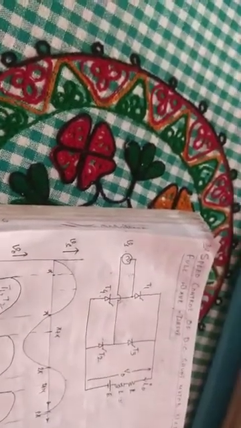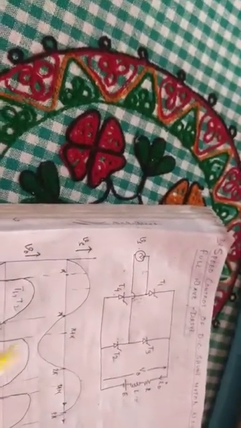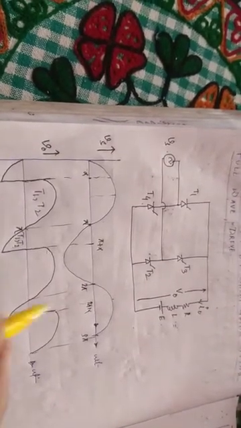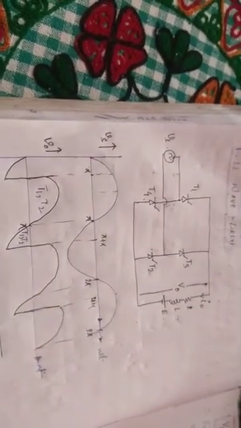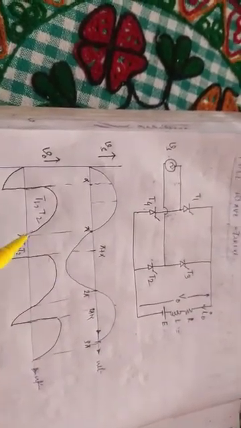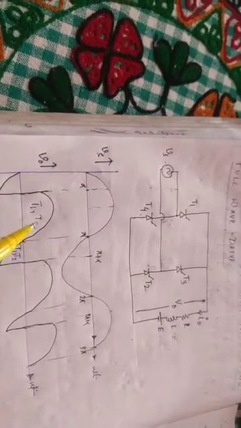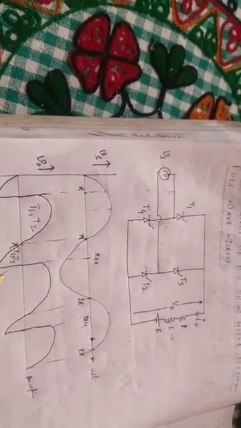Normally T1, T2 should stop conducting at pi if the load was resistive, but as the load here is inductive, the high value of inductance in the output circuit results in the voltage being negative, and T1, T2 conducting even beyond pi.